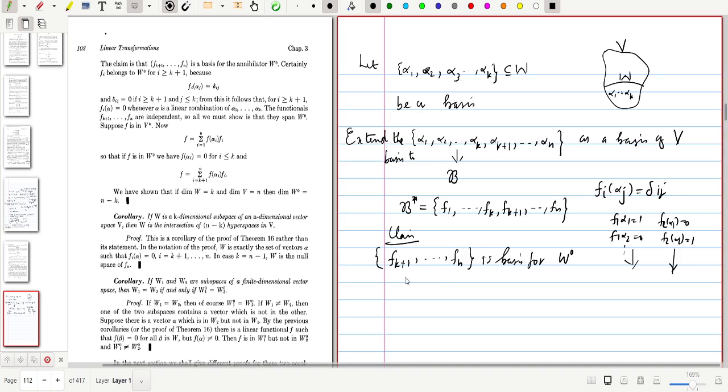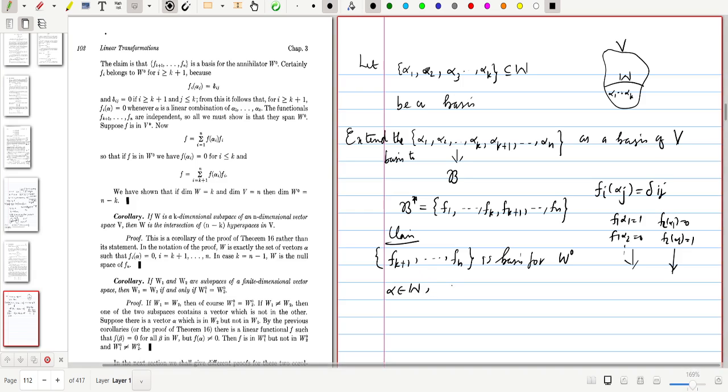First of all, you have to prove that these are elements of W naught. How will you prove that? If you choose an alpha belonging to W, we will prove that fk plus 1 of alpha is 0, fk plus 2 of alpha equals 0. That is true for every alpha belonging to W. So let alpha belong to W.